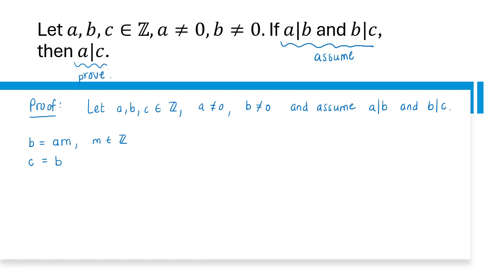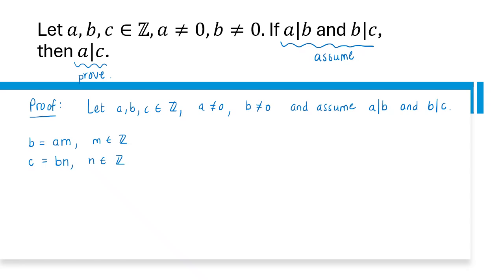Now, just to be as general as possible, we are going to say that C is a product Bn, where n is an integer, just so it has nothing to do with the first assumption. All right, so the first one says A is a factor of B.